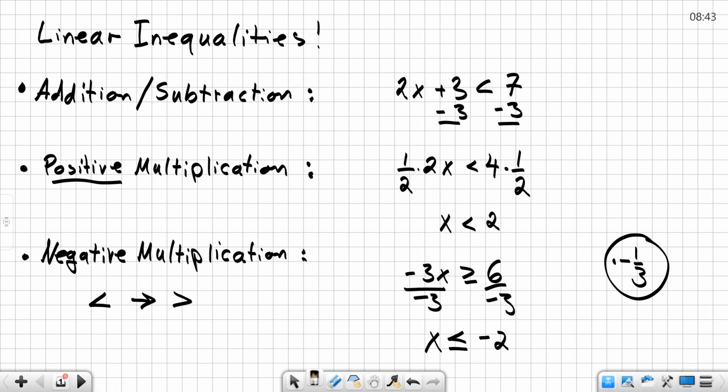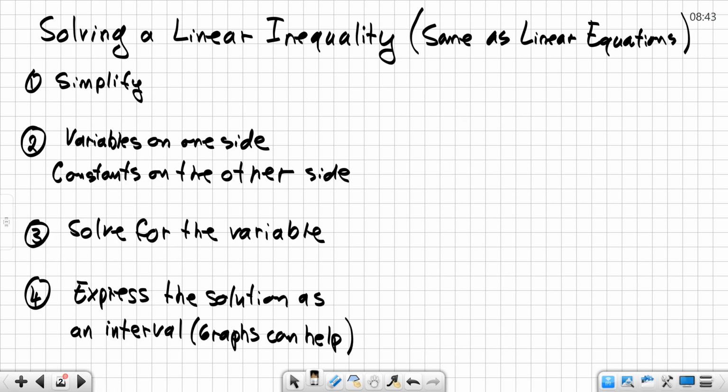All right, let's do a few examples after we review how to solve linear inequalities. As I mentioned before, it is really almost the exact same thing as solving linear equations. First, we simplify. Then we collect variable terms on one side and constant terms on the other side.